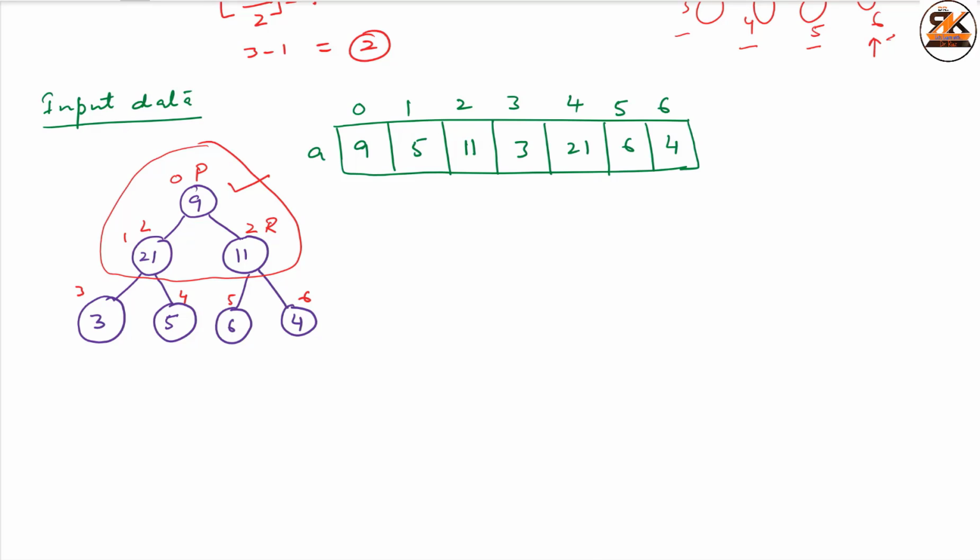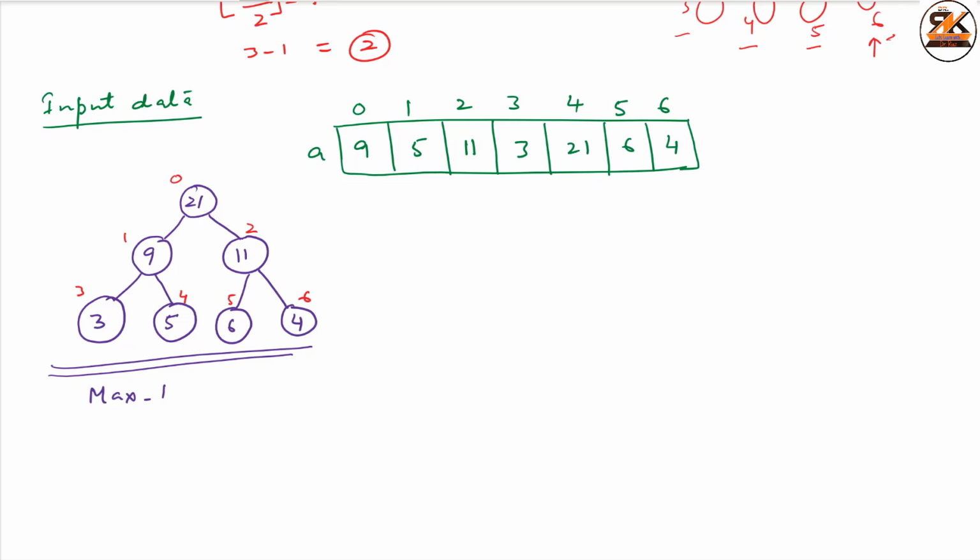Okay, so after exchanging these values we will get 21 here and 9 will come to this place. So now this is what we call a max heap. We have applied the Heapify procedure and we have got this max heap.